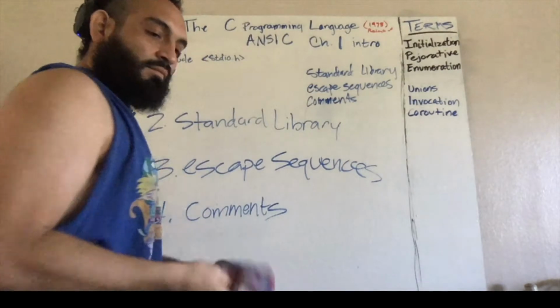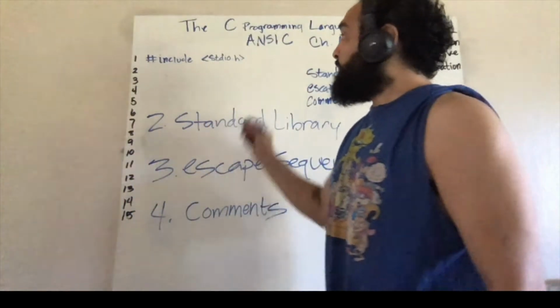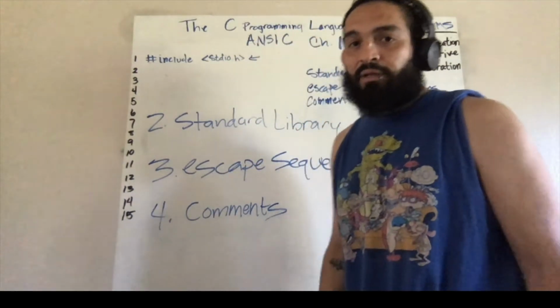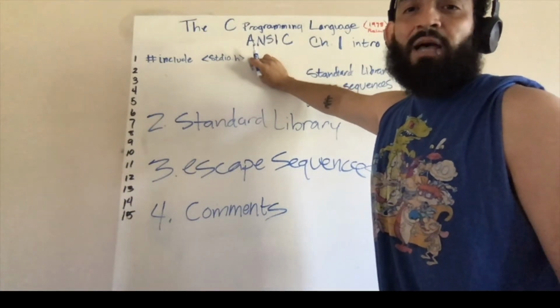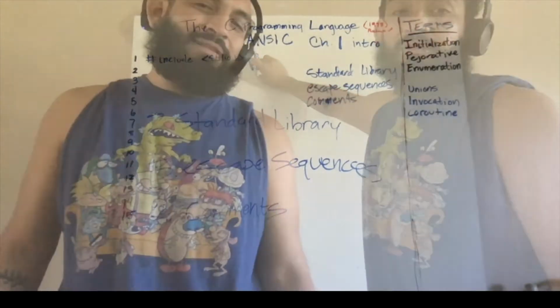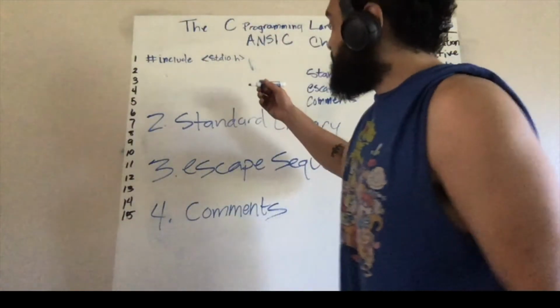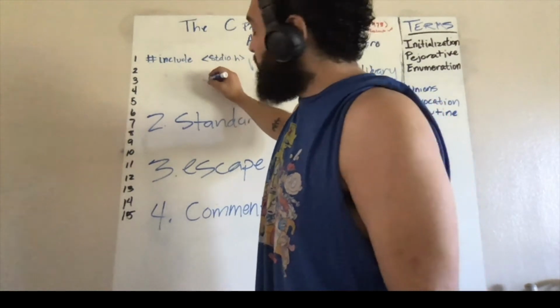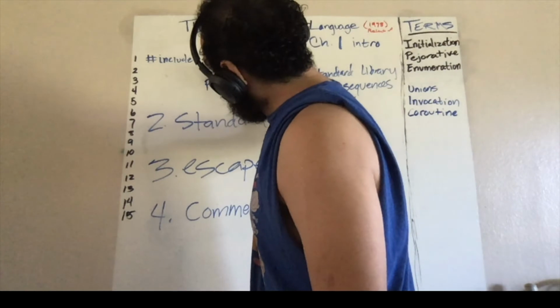Standard library. This up here is a reference to the standard library. This needs to be at the very top of every single one of your programs, because it's a reference for functions like printf. The Hello World program that we developed, part of that program is printf.